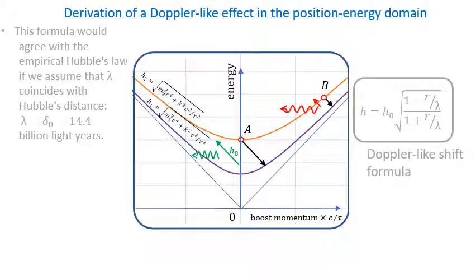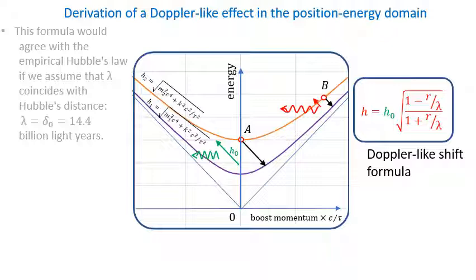According to our analogy, atomic energies form hyperbola-like functions of the boost momentum. We can skip all calculations and simply reuse our old Doppler shift result by replacing the ratio V over C with the ratio R over lambda.